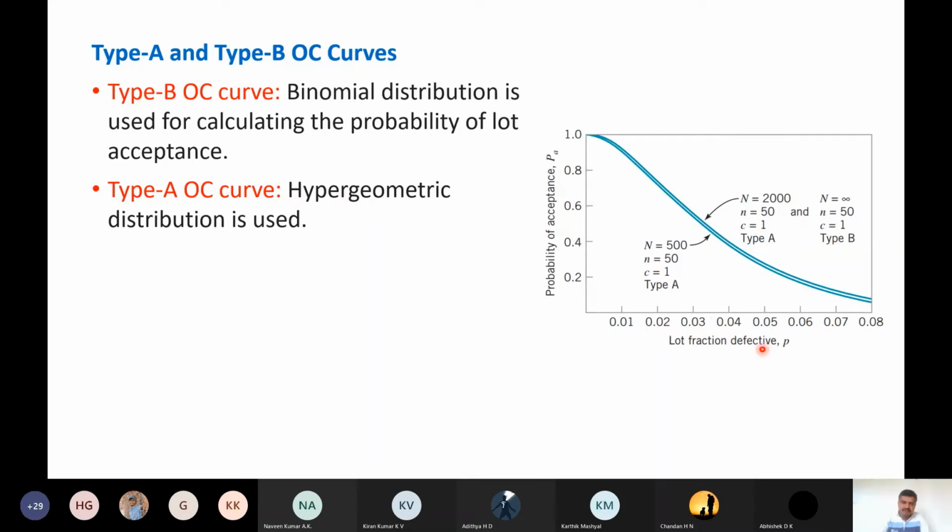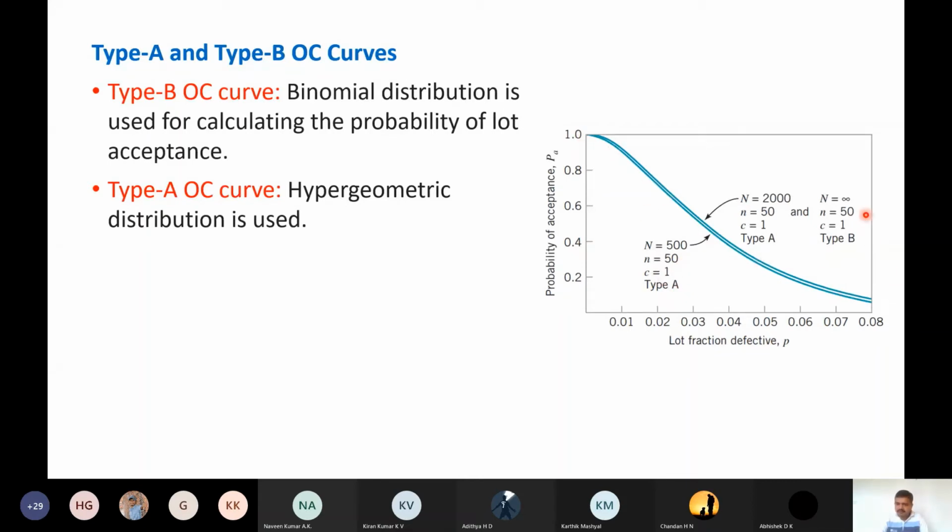The equation used to find the probability of acceptance is different in the case of the hypergeometric distribution, or the type A OC curve. If you plot using the equations of the hypergeometric and binomial distributions for lot size 500, sample size 50, and acceptance number 1, we get a curve like this.